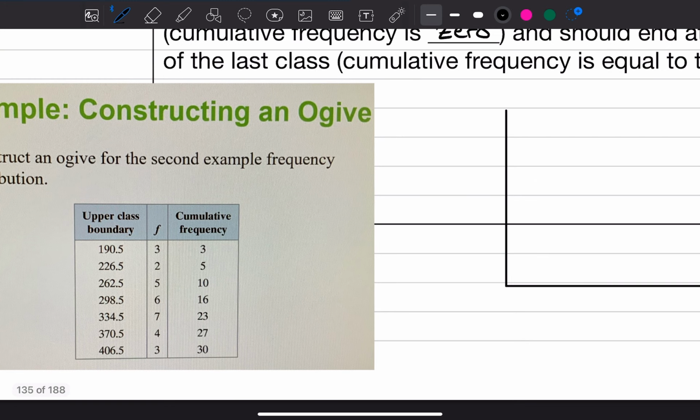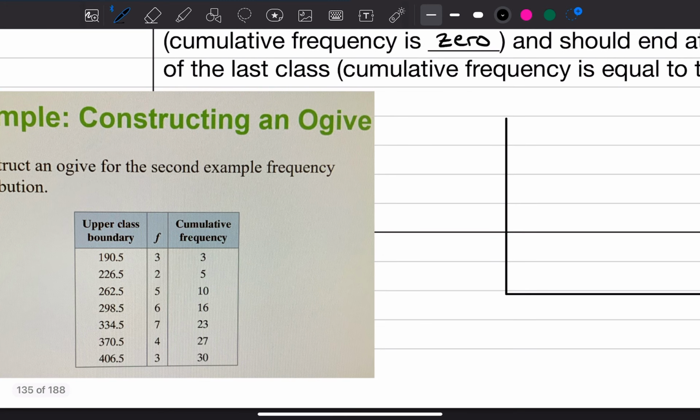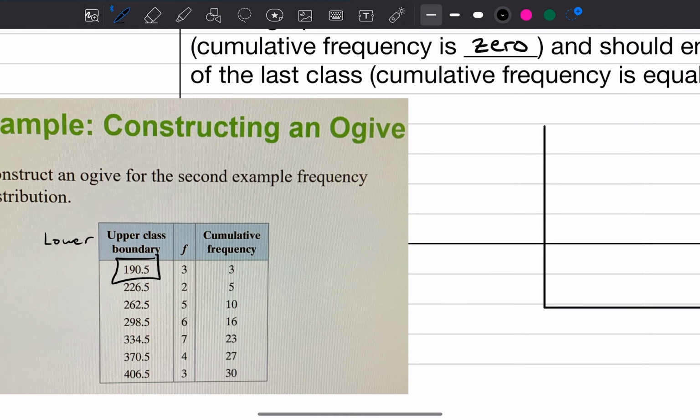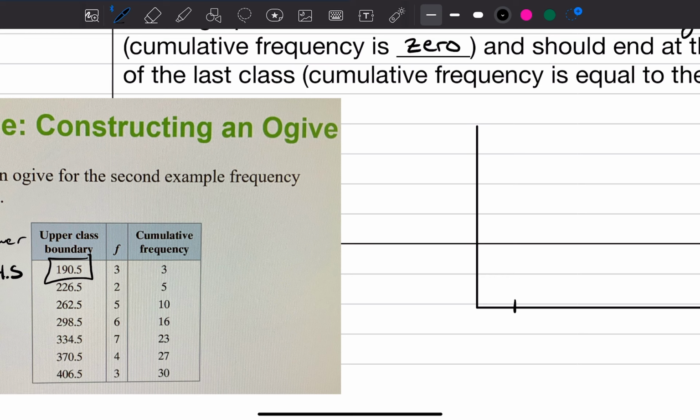This is the same example that we've been doing for the whole video. Okay, remember, you're going to start not here. You're going to start at the lower class boundary for the first class. The lower class boundary for the first class was 154.5, so that's where I'm starting. The reason is I want to start at 0.